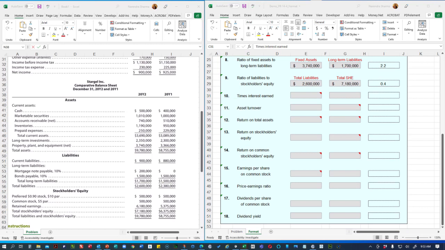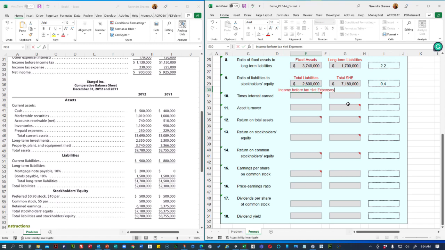So the times interest earned ratio essentially means how many times you will be able to pay interest with your own earnings. So what we are going to take here, the formula is income before tax plus interest expense.